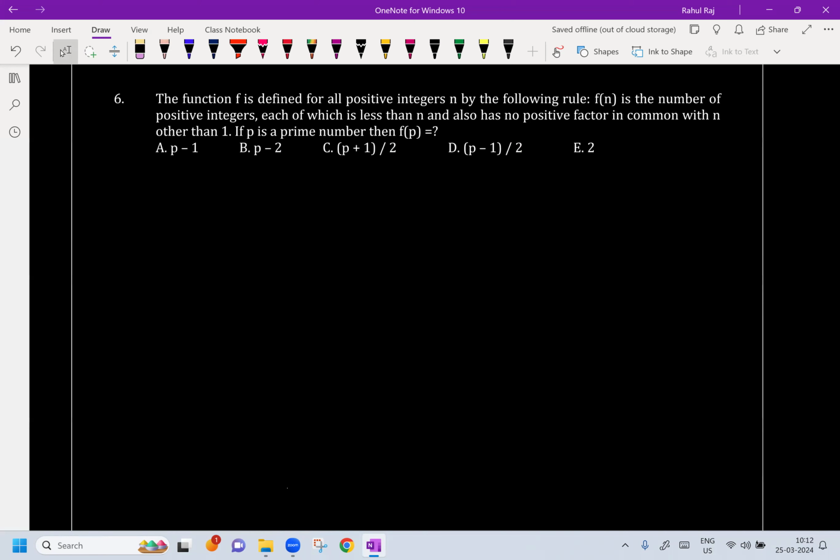F of n is the number of positive integers, each of which is less than n and also has no... This is too complicated, there are so many different parts to it. It's all about how you read it, nothing else. It's all prime number, even number, odd number, nothing else.